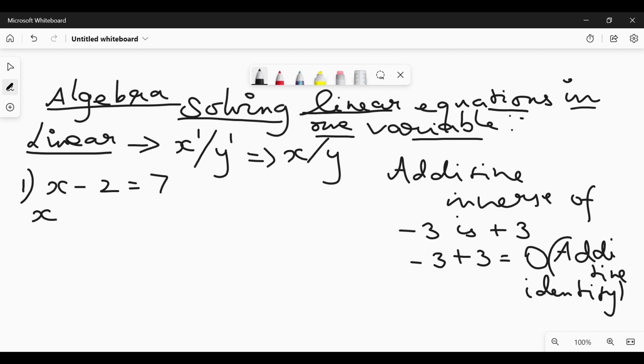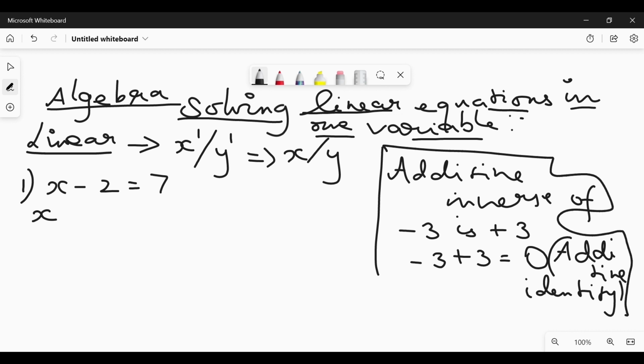So by that we are trying to bring this minus 2 to the other side, or else we can say we are cancelling minus 2 from the left hand side. Wherever you want to remove a number or shift it to the other side, you will always use the additive inverse. Let's start.